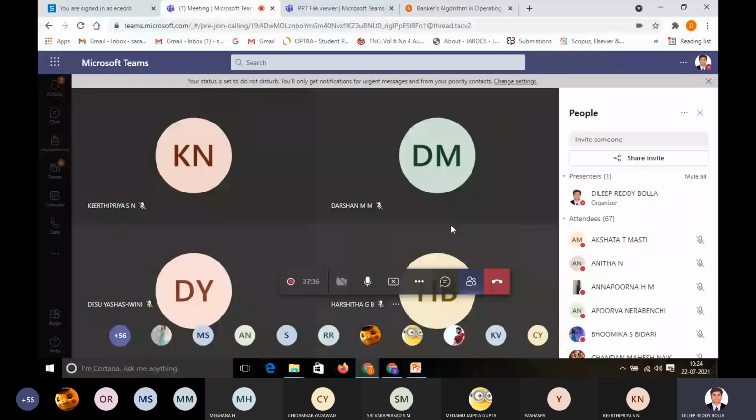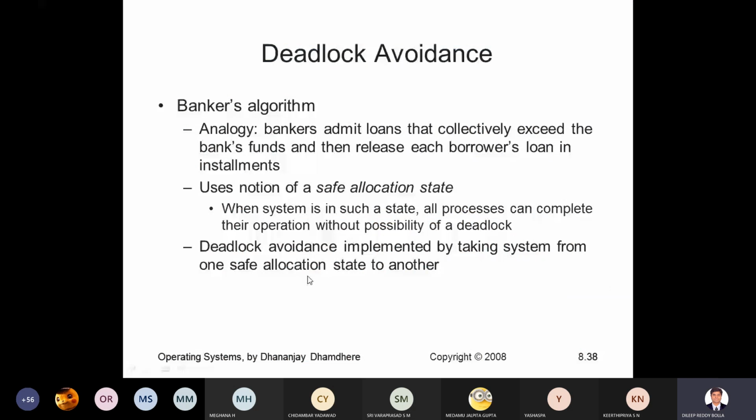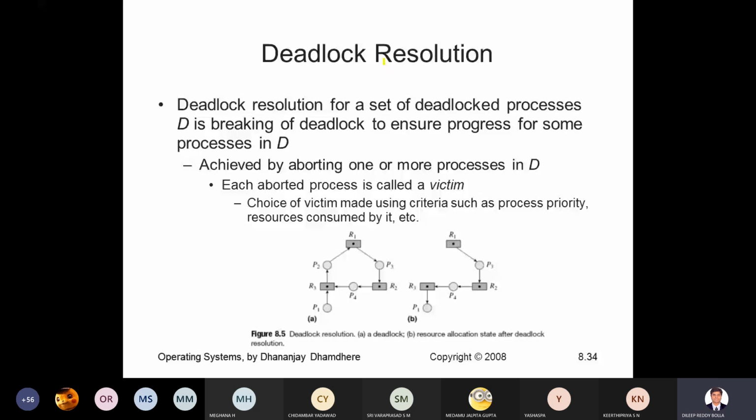So let us look at the next one, deadlock avoidance. We have seen before prevention, just glance at once. Deadlock detection we have seen, and the deadlock detection algorithm, deadlock resolution, and deadlock prevention.